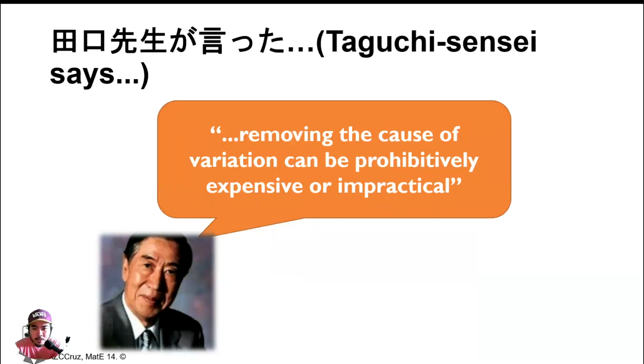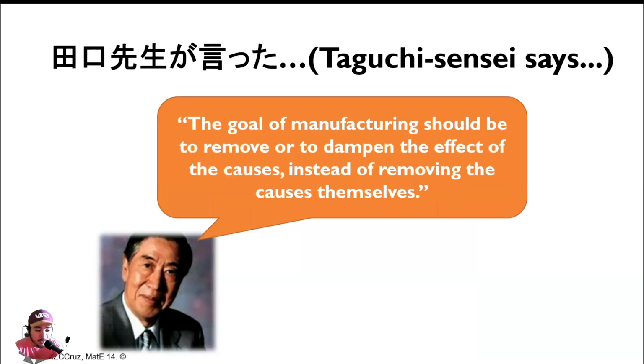Okay? So again, he said that if you want to remove the cause of variation, which sometimes is impossible, but most of the time it's very expensive or impractical. So the goal of manufacturing is not to completely remove it, but you just want to dampen the effect of certain causes.